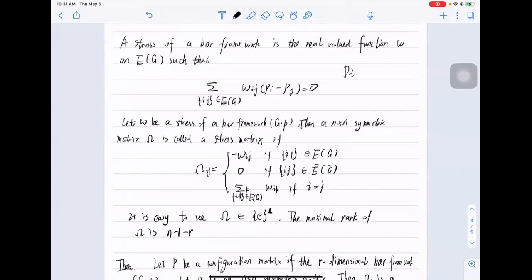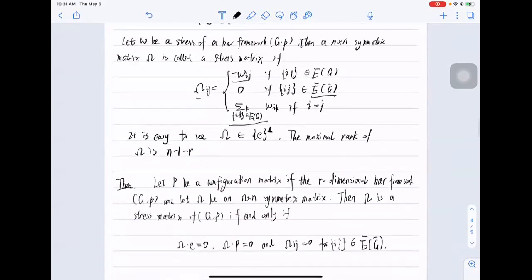It's an n by n matrix such that omega ij is minus omega ij for ij on the edge set, and it's 0 if ij is not on the edge set, where E bar is the complement of the edge set of G. Of course, the diagonal of the stress matrix has to be the summation of all the elements that are not on the diagonal.